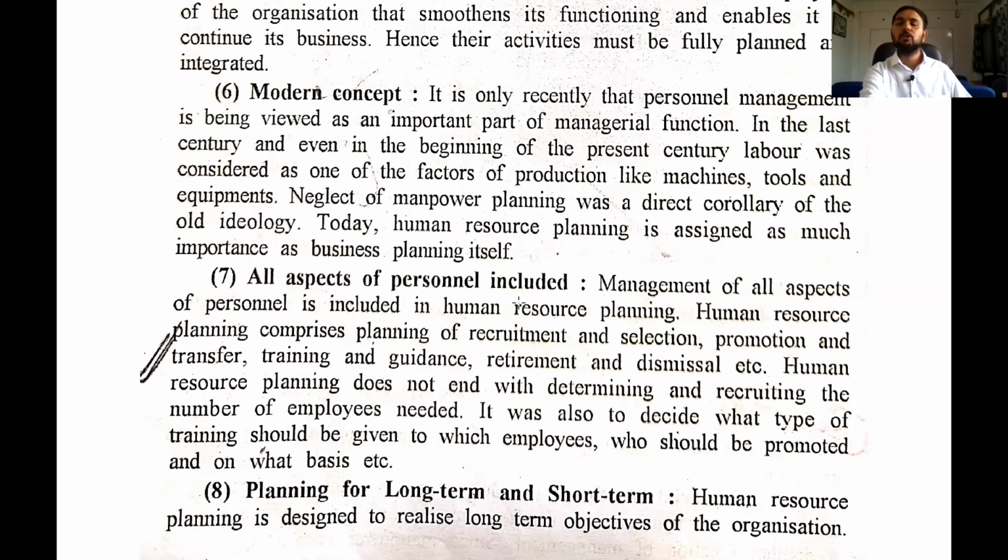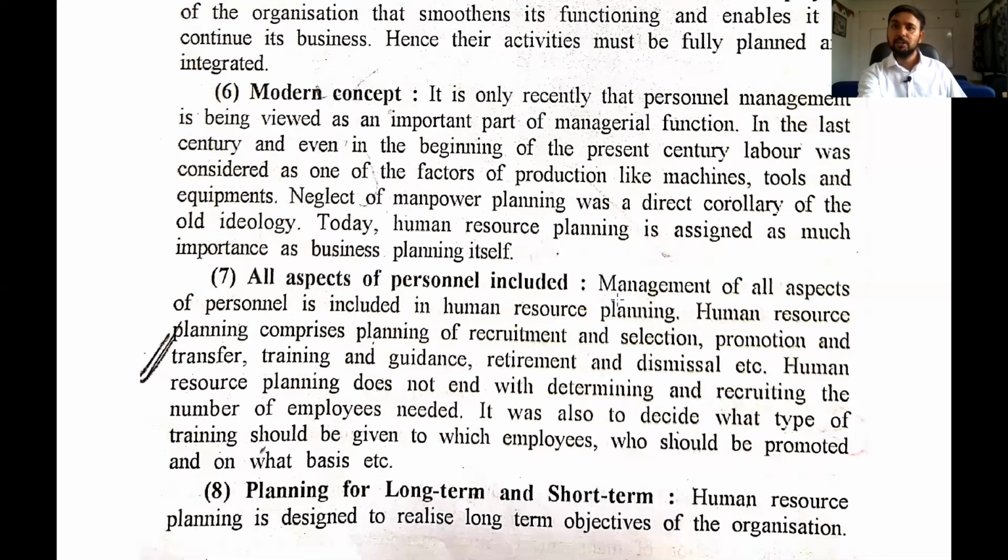Now, guys, the seventh point is all aspects of personnel included. So, guys, it is not only about recruitment, but recruitment, selection, training, development, all the aspects of personnel management are taken into consideration when we are doing human resource planning. So, as we are discussing the chapter human resource planning, all the things that we are discussing now are considered under human resource planning.